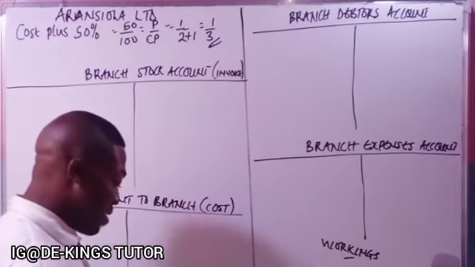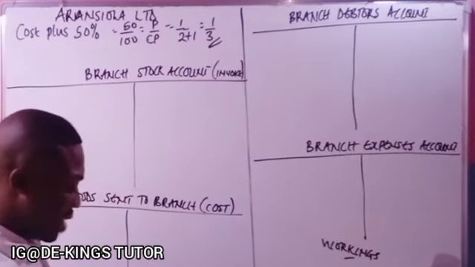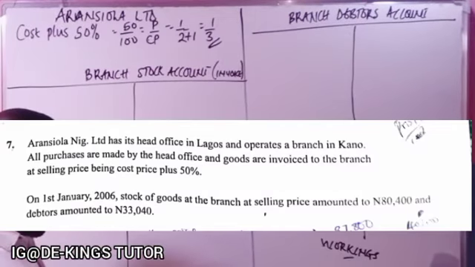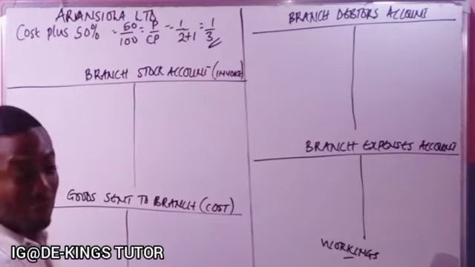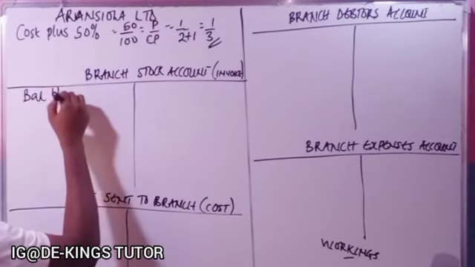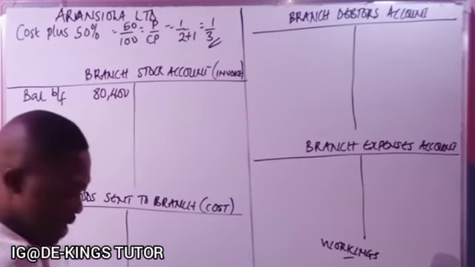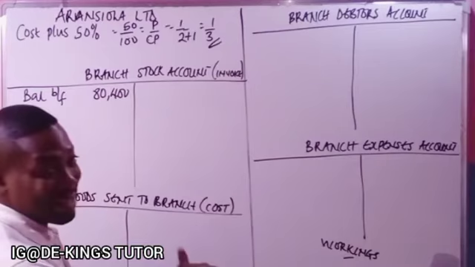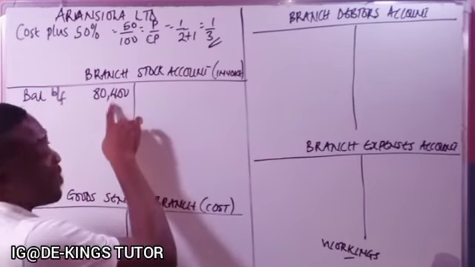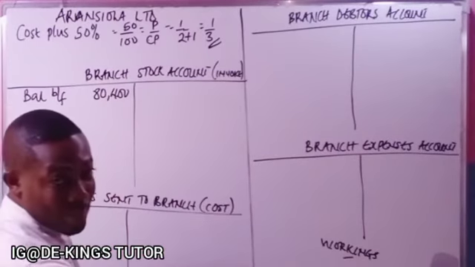Now, the first one said that on 1st January 2006, stock of goods at the branch at selling price amounted to 80,400. That's the balance brought forward. So we'll have our balance brought forward at 80,400. Even if we were asked to prepare the branch adjustment, we would calculate the profit on this, which was given at selling price, and post it to the branch adjustment account.